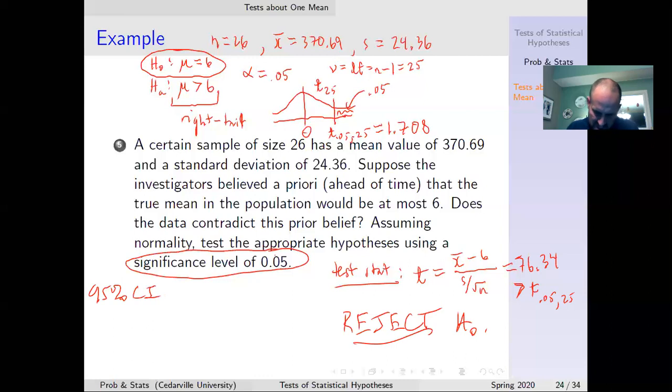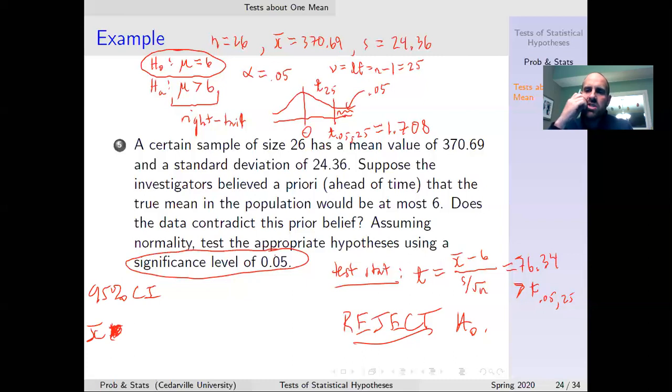confidence interval. Okay, so that would be x bar plus or minus. I would use the t again, x bar plus or minus. Well, actually, no. I wouldn't do plus or minus in this case. Okay, because in this particular case, this is going to be a one-sided confidence interval.